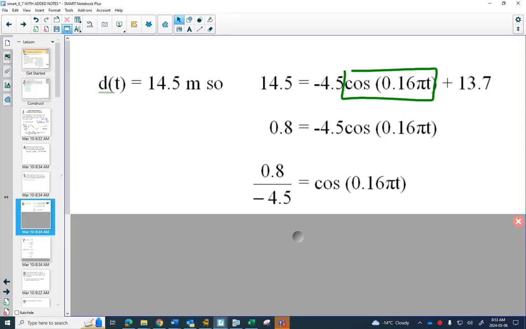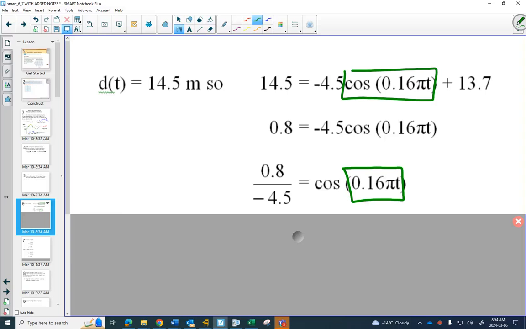But inside the cos, we have more stuff than we're used to. Because we're used to solving cos questions that say cos theta equals blah, blah, blah. And then you have to ask, is this on my pie plate? Can I do it without a calculator? Or do I need my calculator to find the reference angle? Now, 0.8 divided by negative 4.5 is not on your pie plate.